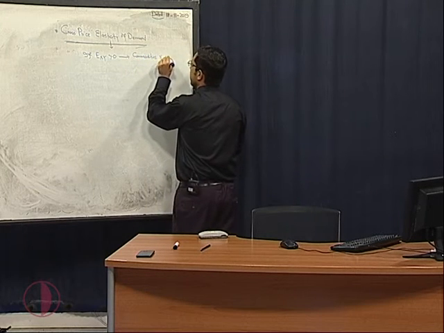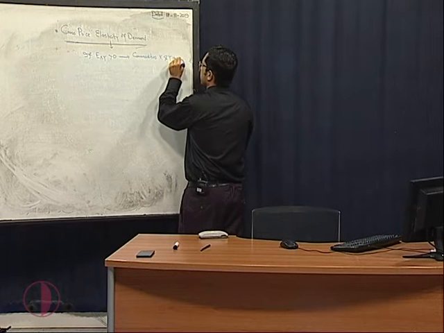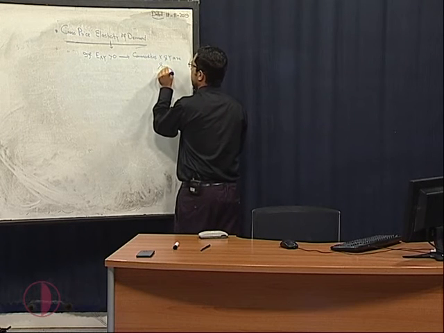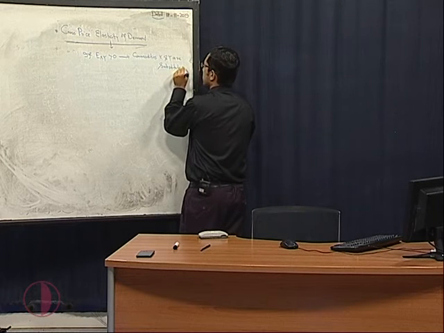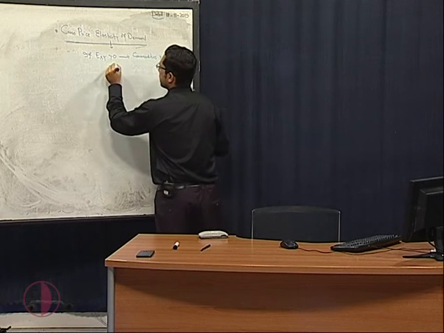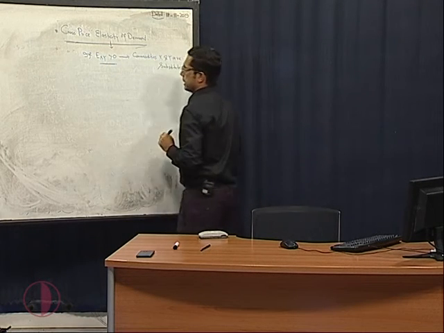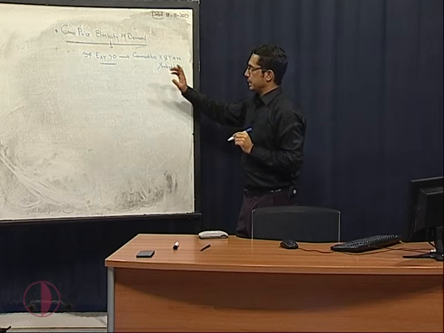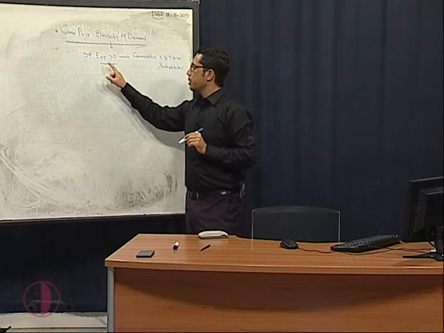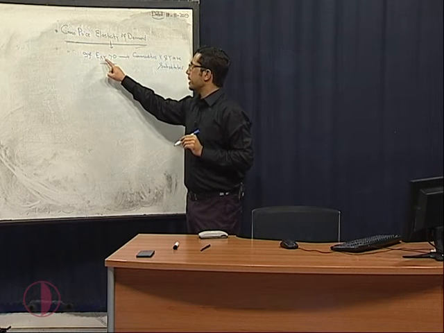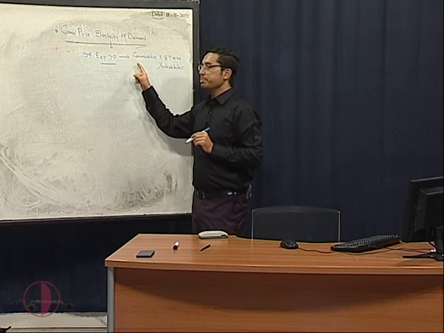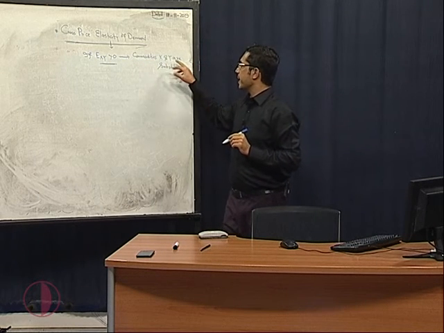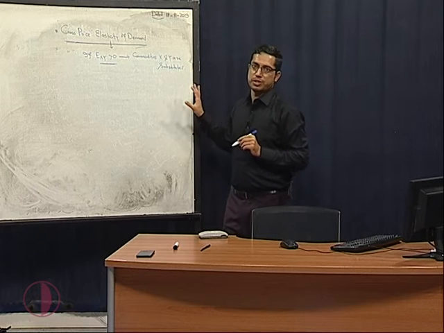commodities X and Y are substitutes. If the calculated numerical value of the cross price elasticity of demand is greater than 0, it means that commodities X and Y under discussion are substitutes.